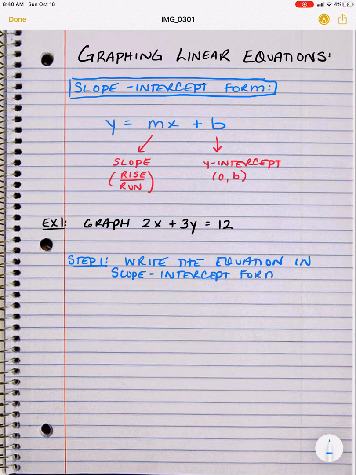So what we're basically doing, I'm going to put in parentheses, is we are going to solve for y. And this is going to be a skill that we'll practice, okay, when we get back to class, is making sure we know how to solve for y.